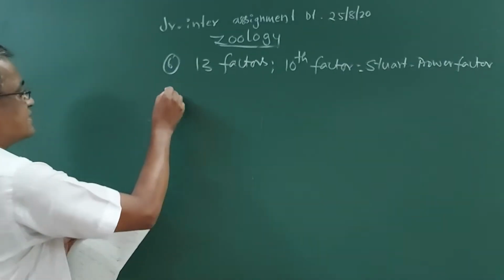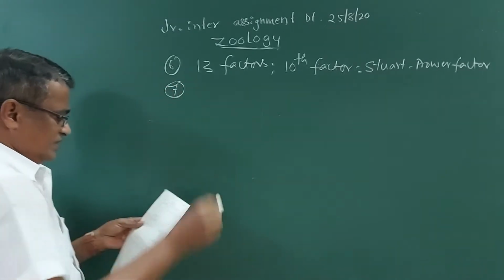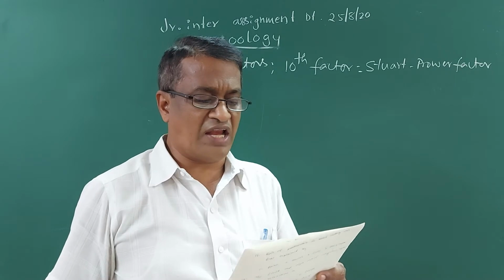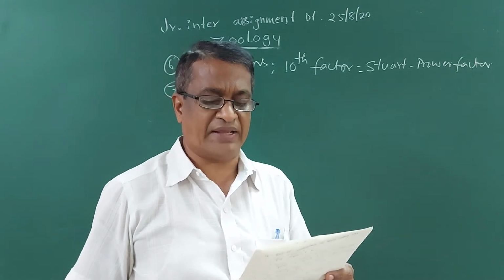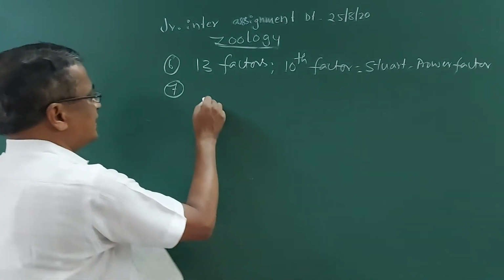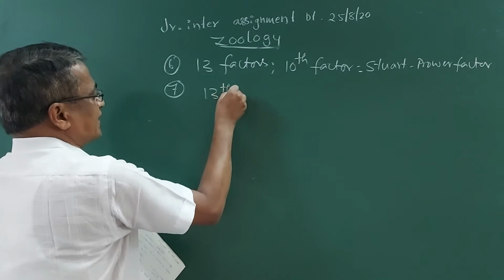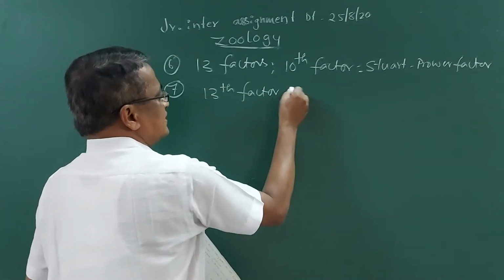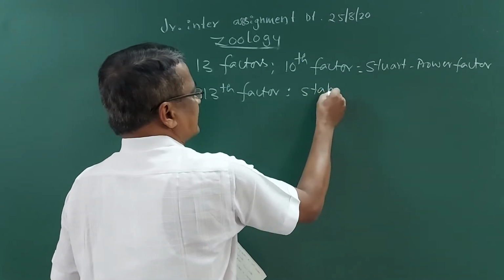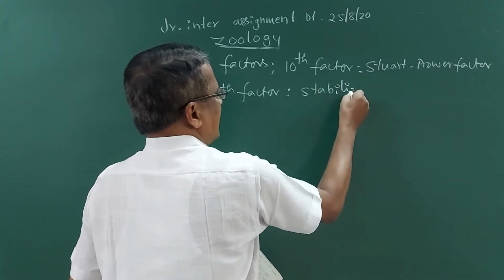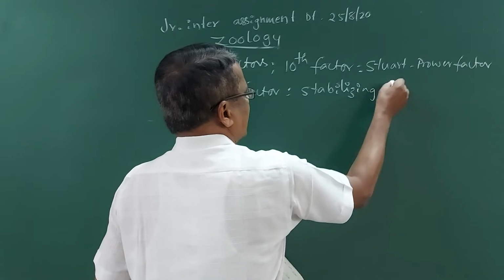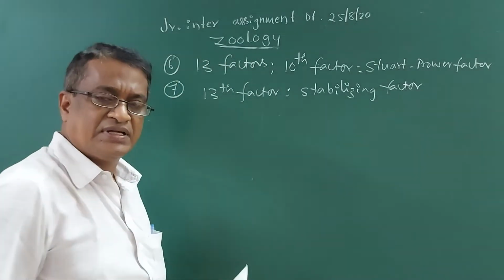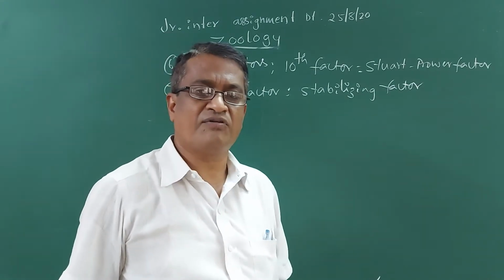Then the 7th question: soluble fibrin web is converted into insoluble fibrin web by the 13th factor, called the stabilizing factor, which helps in stabilization of the fibrin web.